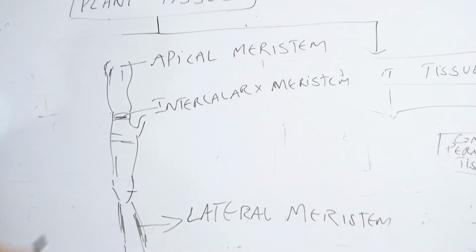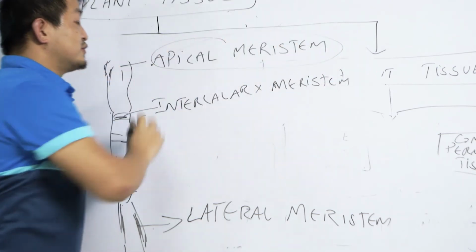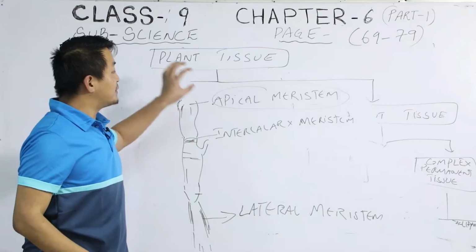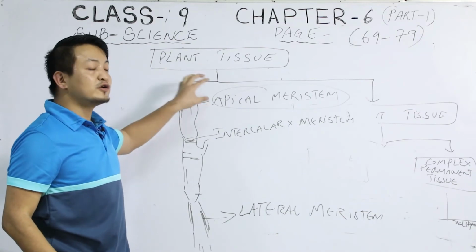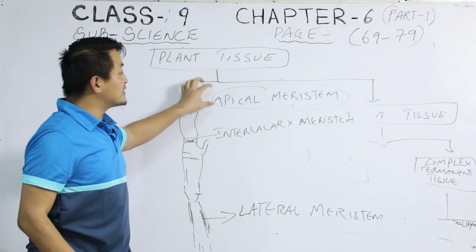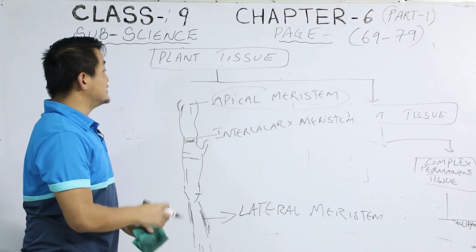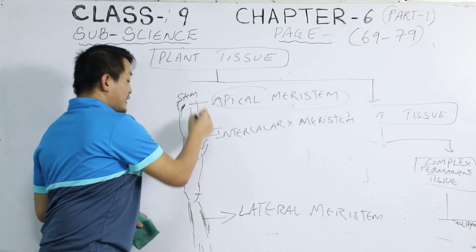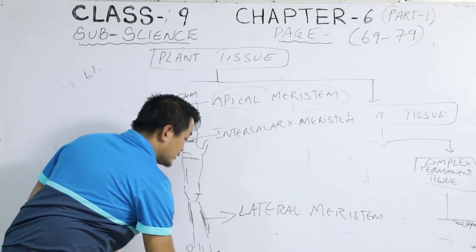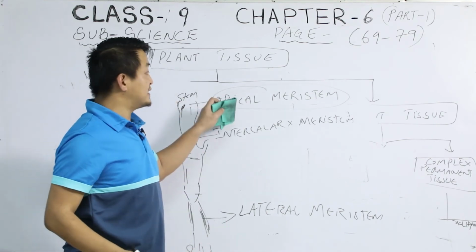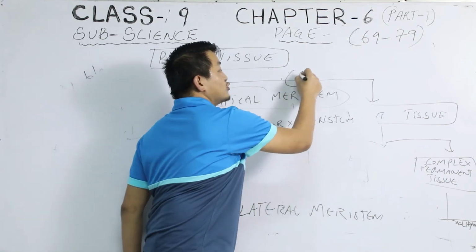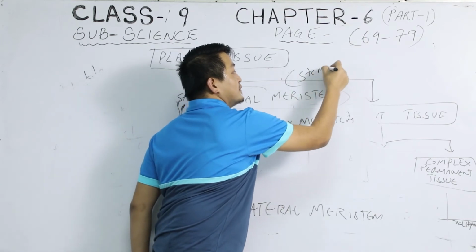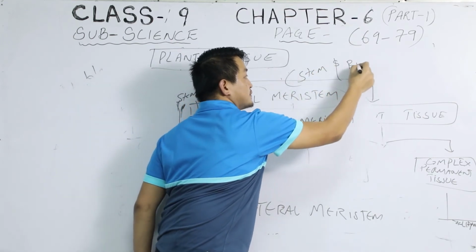Now we'll discuss this apical meristem. Where will you find the apical meristem? You will find it in the growing tips of the stem and root.